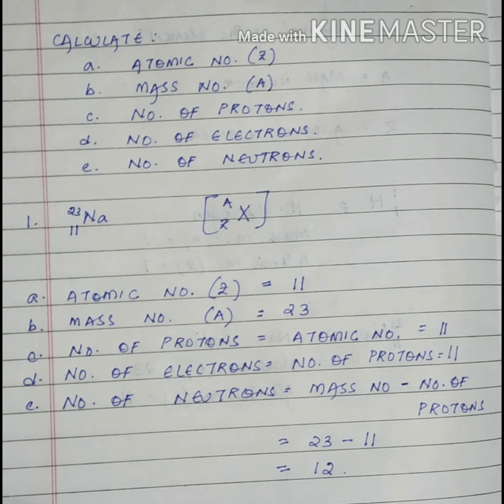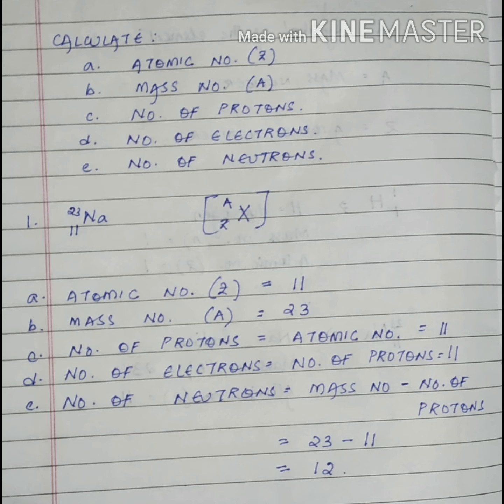We know that number of protons equals to the atomic number, so the number of protons is also 11. We also know that the number of protons is equal to the number of electrons. So if the atom has 11 protons, so obviously it will have 11 electrons. So if you see the atomic number, the number of protons and the number of electrons will be the same.